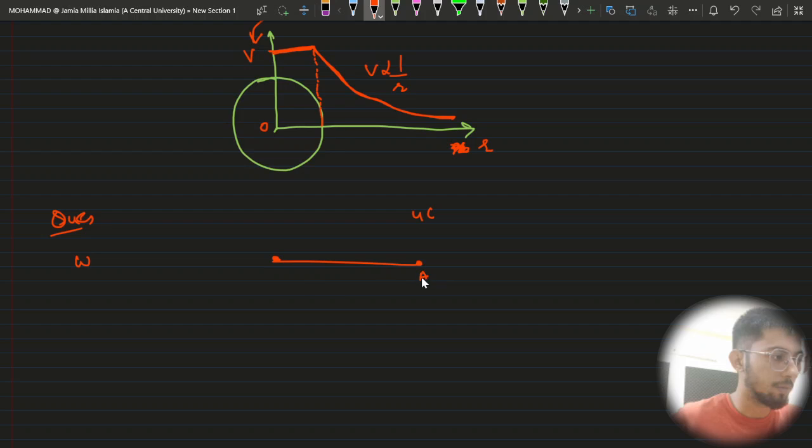Suppose this is A, this is B. We have moved it from A to B, so W_AB is 100 joules, right? And the charge is 4 coulombs. Potential at this point is minus 10 volt, right? 100 joules is the amount of work done in moving a charge Q from A to B.